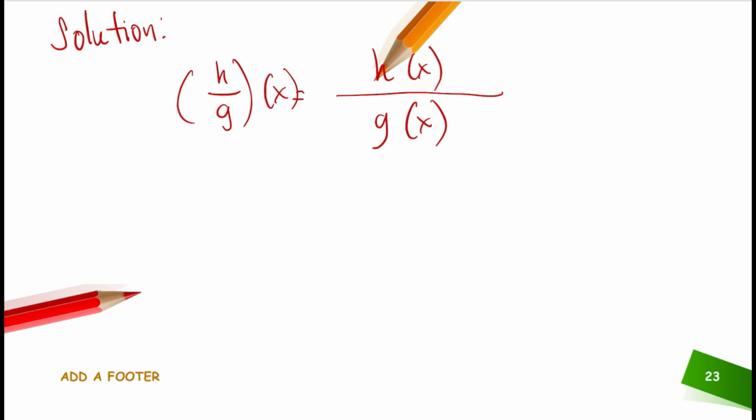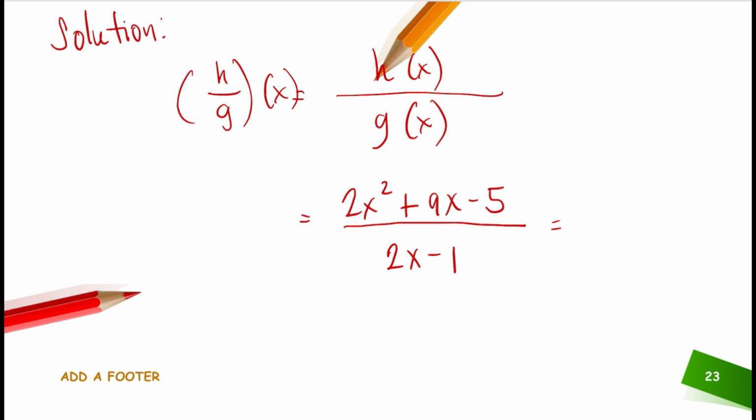Now, let us replace h(x) equal to 2x squared + 9x - 5 over g(x) equal to 2x - 1. Now, let's factor the numerator.